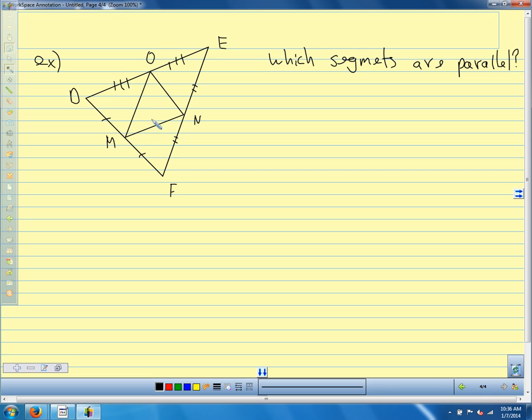What was our theorem that we were just talking about? It's going to be the midsegment. This is the middle of one side, this is the middle of the other side, so this is a midsegment. This is the middle of this side and the middle of that side, so that's a midsegment. This is the middle, that's the middle, so this is a midsegment. So the smaller triangle is made up of midsegments. All of the sides of the small triangle are midsegments.